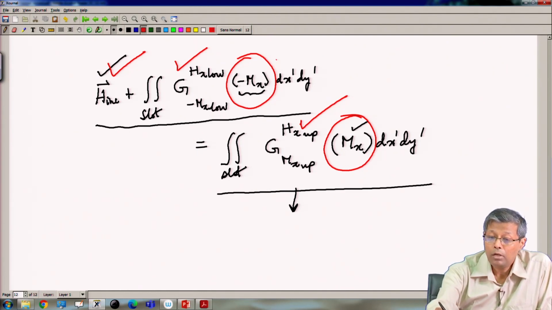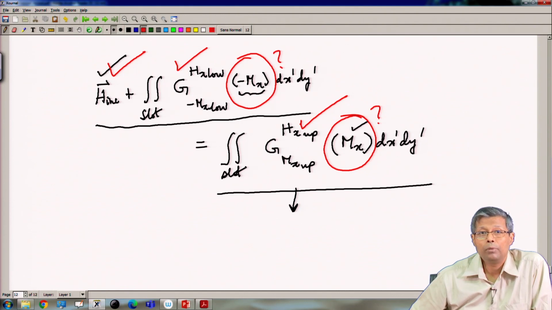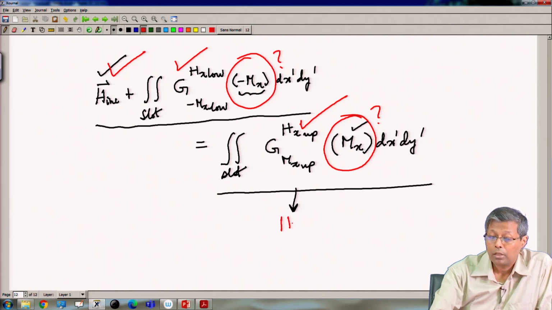So, we are only left to calculate the unknown magnetic current Mx, which will be calculated using the method of moments. This equation is also called the H field integral equation.